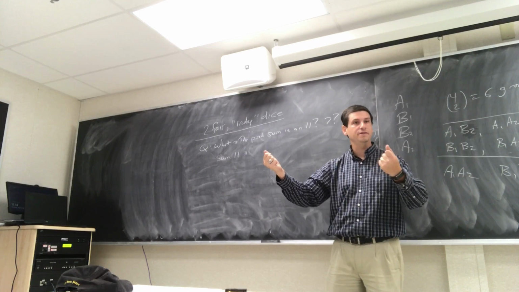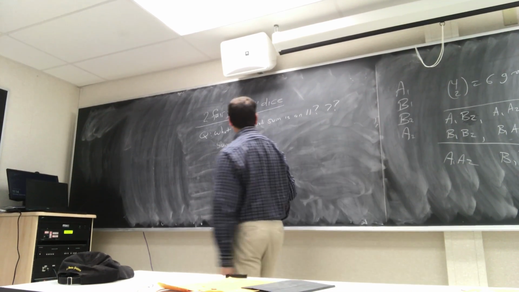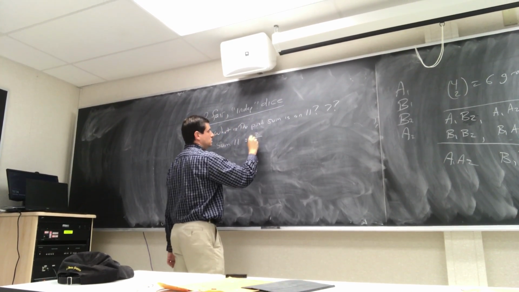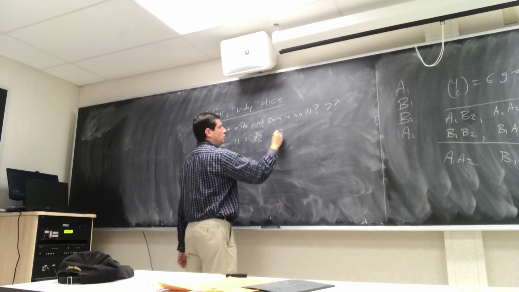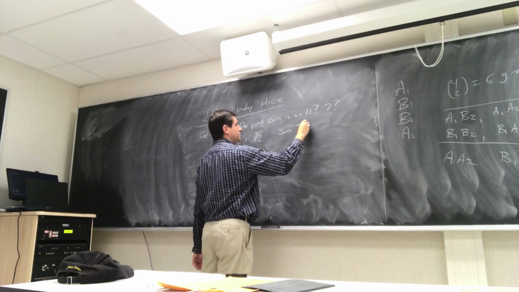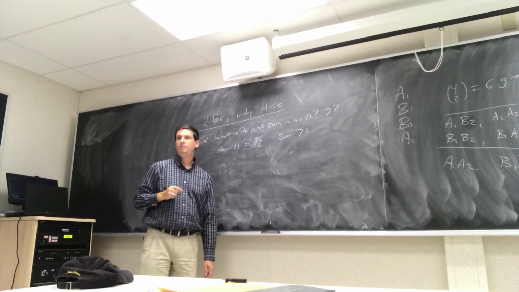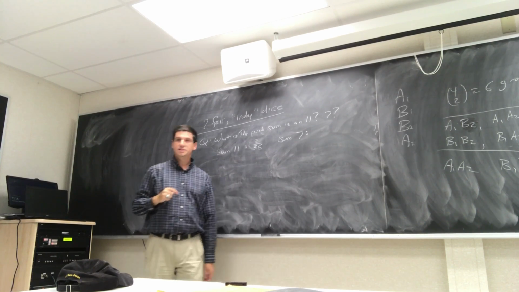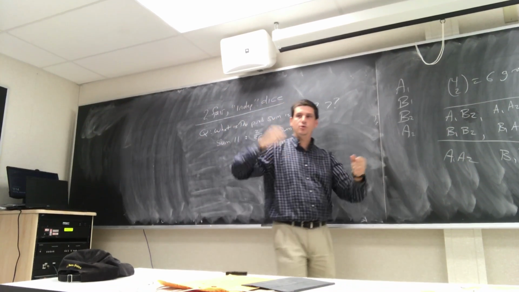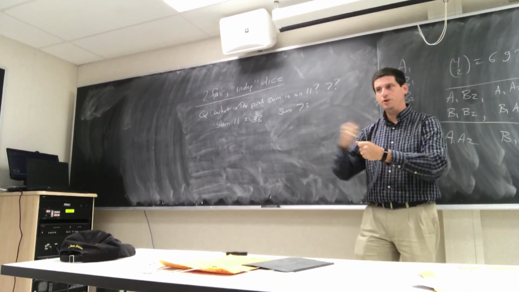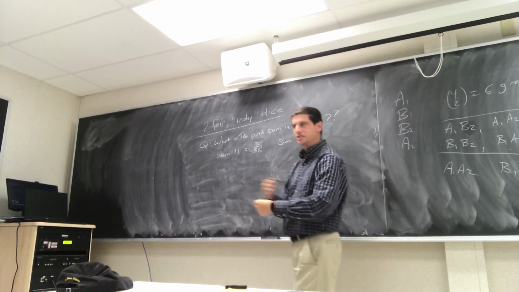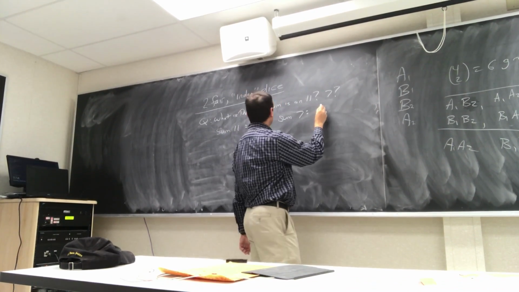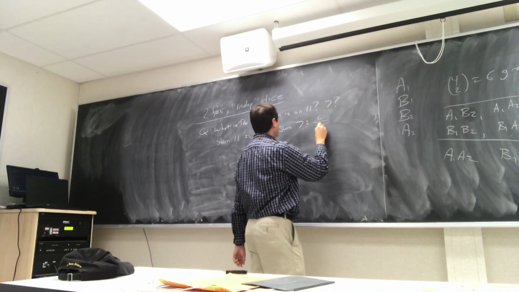I can get a 6 and a 5, or I can get a 5 and a 6. What's the probability I get a sum of 7? 6 out of 36. You get a 1 and a 6, a 2 and a 5, a 3 and a 4, a 4 and a 3, a 5 and a 2, a 6 and a 1.